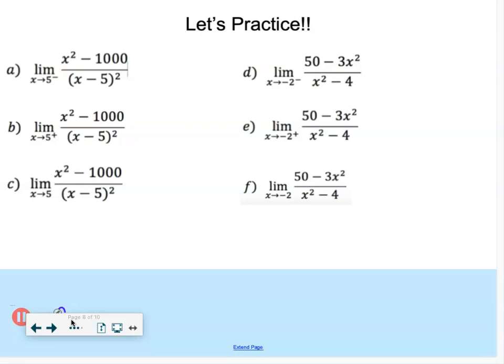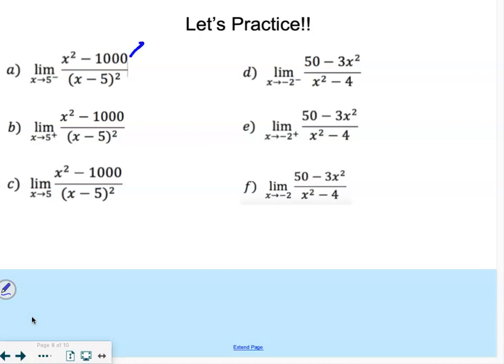Okay, talk to each other. Nitty, for the first one, left of 5, what number did you pick? 4.9. And when you plug it into the top, do you get positive or negative?